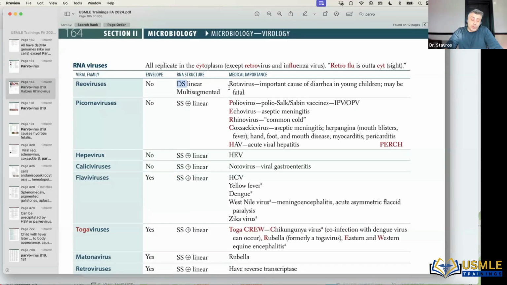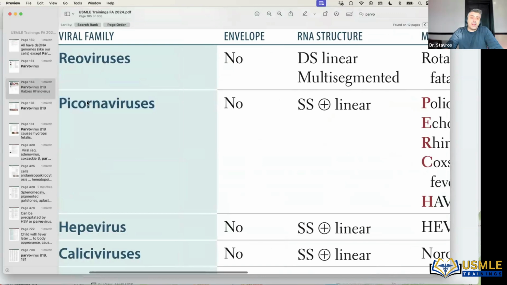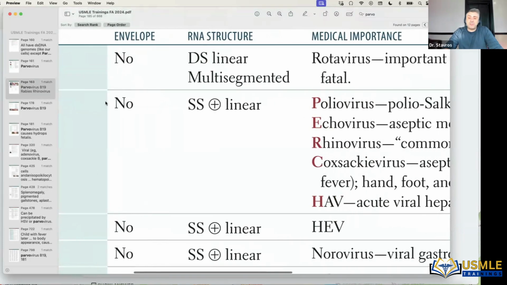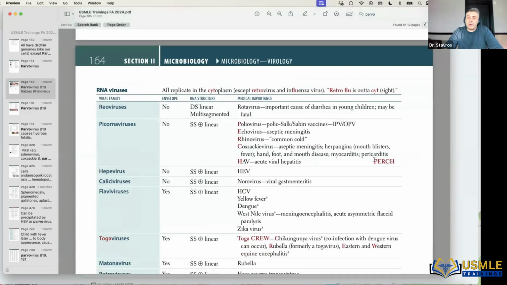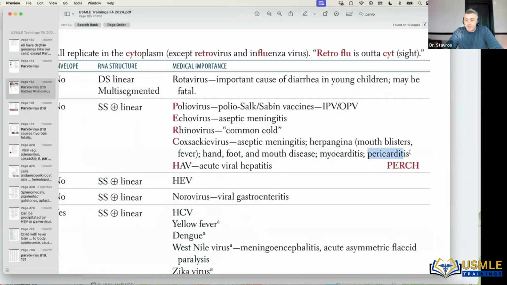I also have shown you, when you look at First Aid, look at this. Picorna, RNA, the name RNA is in it. And if you see something like this, like a mnemonic, it's actually pretty important to know. Because I don't know about you, but when I see PERCH, I always think of polio, echo, rhino, which is the common cold, Coxsackie, which is many, many conditions, including myocarditis and pericarditis, and HAV.